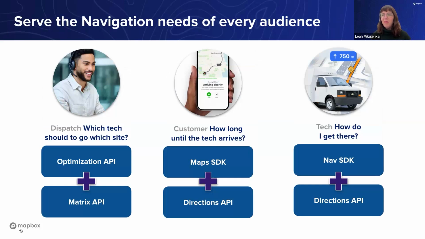We mentioned that you combine those to serve the needs of your user. And we like to really have customers consider the full experience end to end. Like when you think about a company like DoorDash, it's not just one user for DoorDash. There's going to be the customer who placed their order and they want to know when their food's going to arrive.